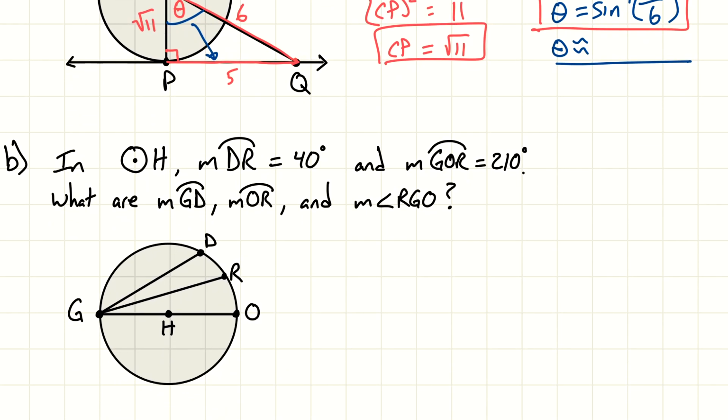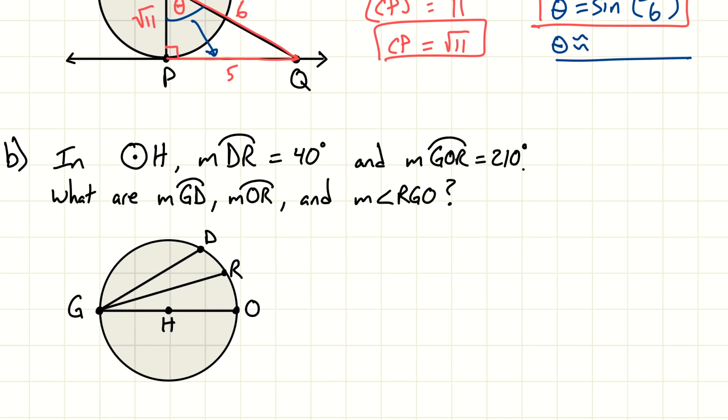All right, so the next one we have: circle with center H. We're given an arc, measurement of arc DR. So DR, I'm already looking for DR in the diagram. So this is 40 degrees. GOR, measurement of GOR is 210.